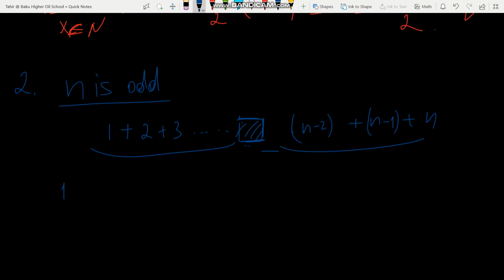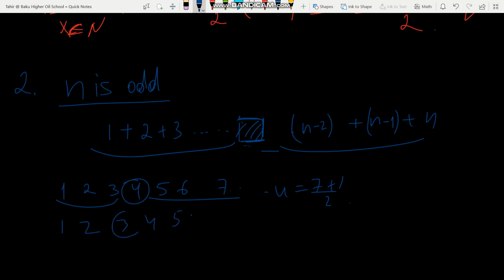Let's write simple sequences with an odd number of terms, 3, 4, 5, 6, and 7, for example. What is in the middle? 4 is in the middle. As you see, 4 is equal to 7 plus 1 divided by 2. Let's analyze another case: 3, 4, 5. The 3 is in the middle. 3 is equal to 5 plus 1 divided by 2.